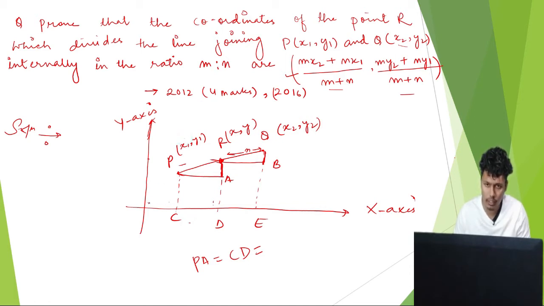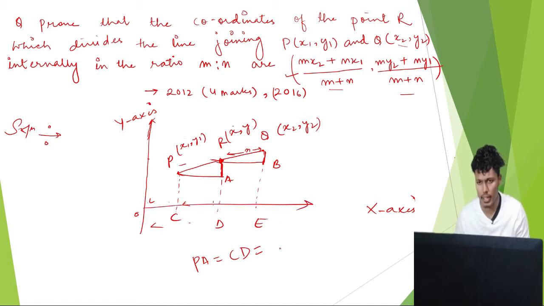From here, this is x1, and from the 0 point O to here is x. So what will be the distance from here to here? x minus x1. Have you understood? So x minus x1 is the value of CD, which is also PA.